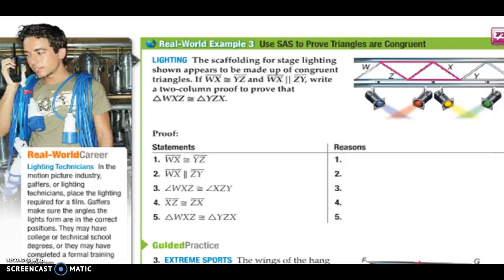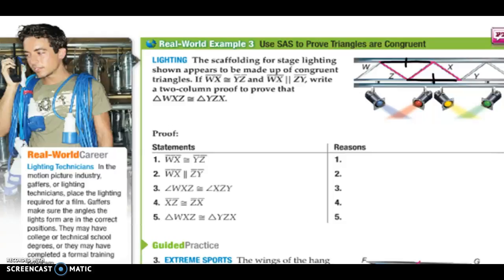We have a proof. It says the scaffolding for stage lighting appears to be made up of congruent triangles. If WX is congruent to YZ and WX is parallel to side YZ, write a two-column proof to prove that the triangles are congruent.